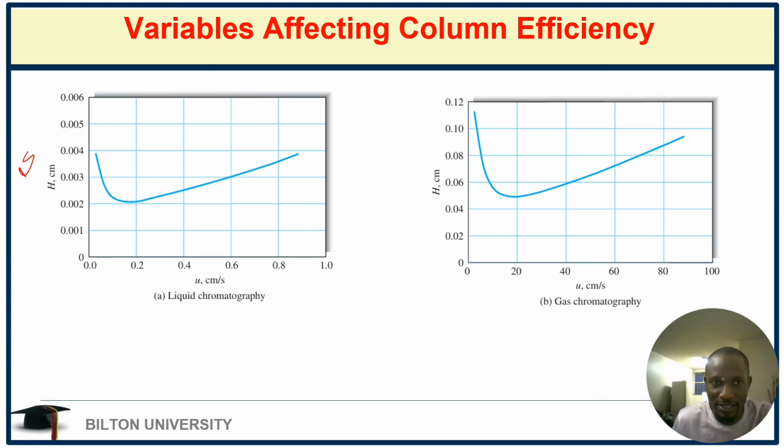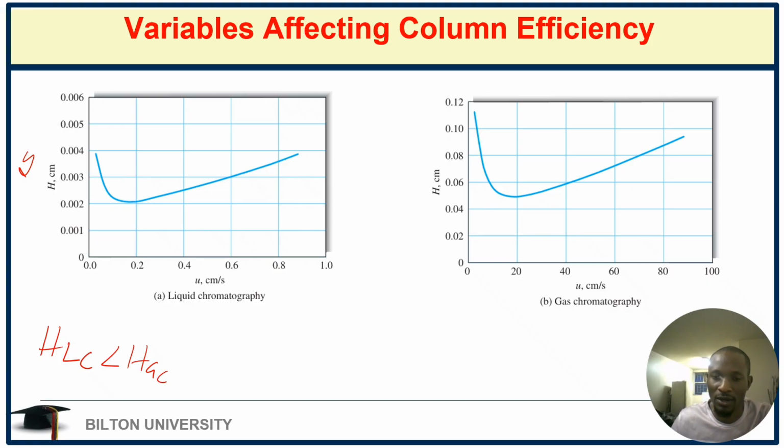I want you to pay more attention. Compare the plate height in liquid chromatography and gas chromatography. You are going to find that the plate height in liquid chromatography is smaller than the plate height in gas chromatography. Look at the flow rate. The flow rate in liquid chromatography is almost 10 times lower in magnitude than that of gas chromatography.